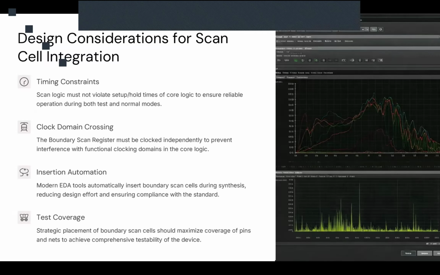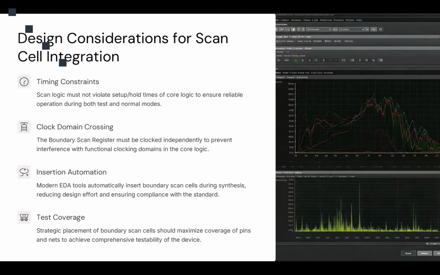Now, test coverage is another limitation or constraint that we face when we talk about scan cells. The effectiveness of those boundary scan cells relies heavily on their placement, so we can maximize pin and net observability.